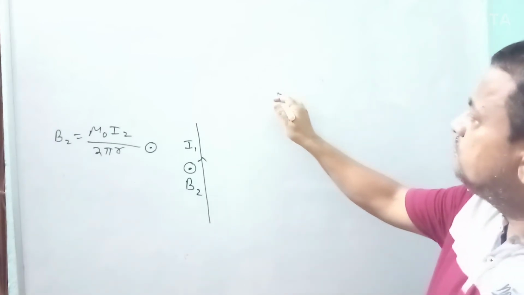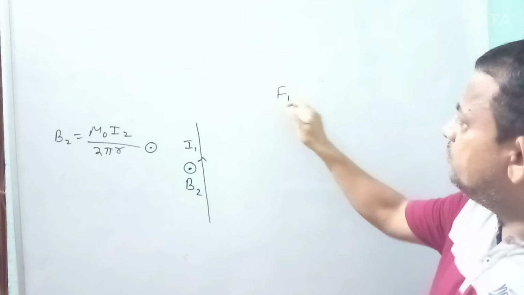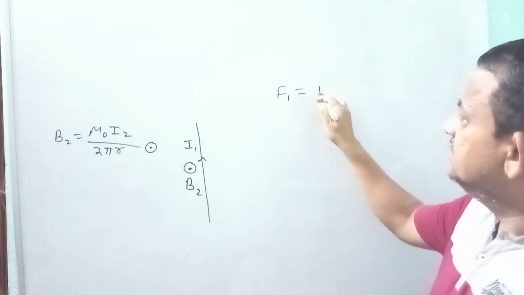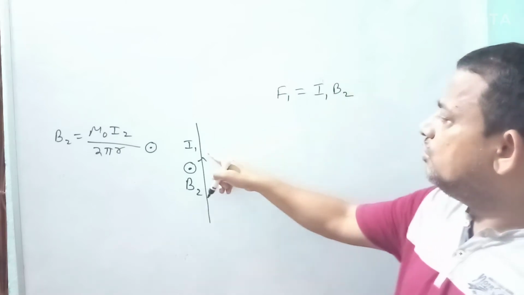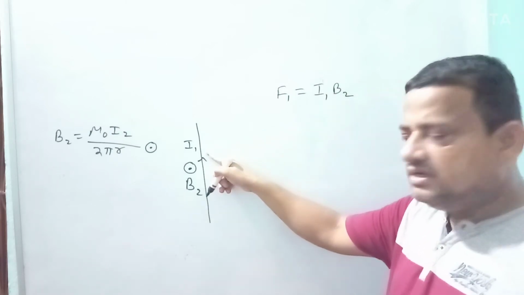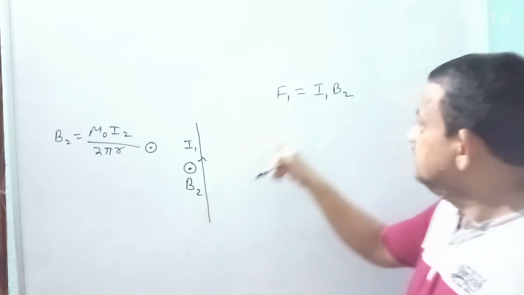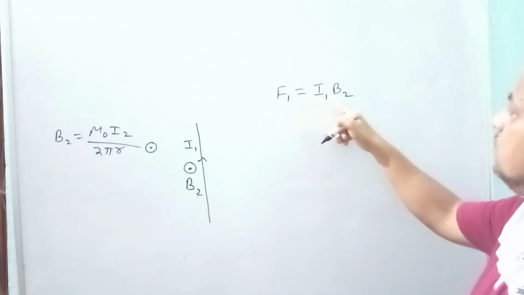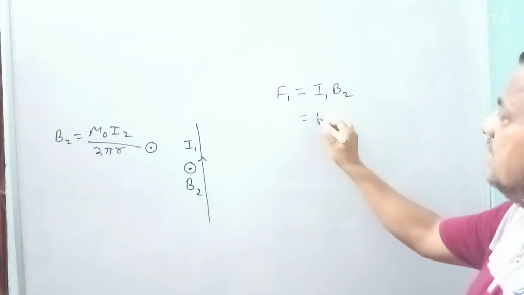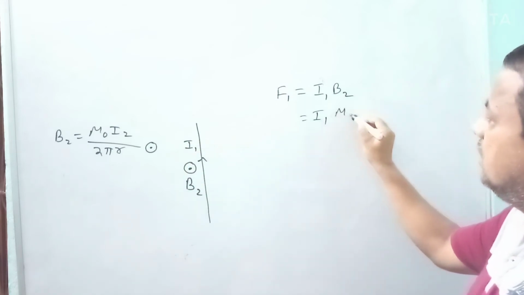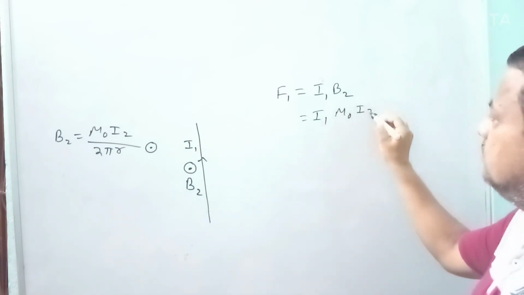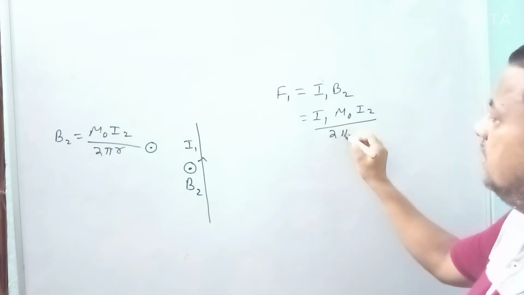So this force per unit length is now F1, which is I1 into B2, because current is I1 and magnetic field is B2. That's why F1 is equal to I1 into B2. That is what I1. What is B2? Mu naught I2 by 2 pi r.